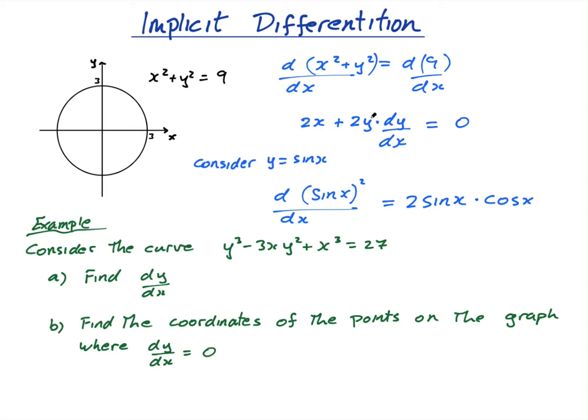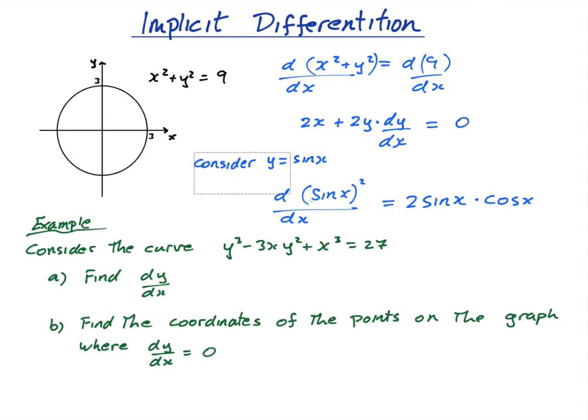This is purely the chain rule. And if you think of that y as some function of x, and I use sine x here because it's a nice way to explain it, then you have to multiply by the derivative. So hopefully this makes sense, and if this makes sense, then this makes sense.